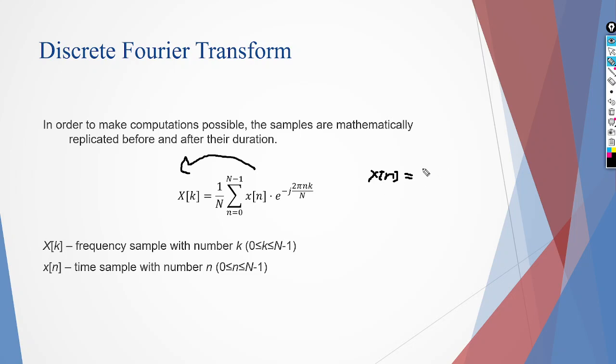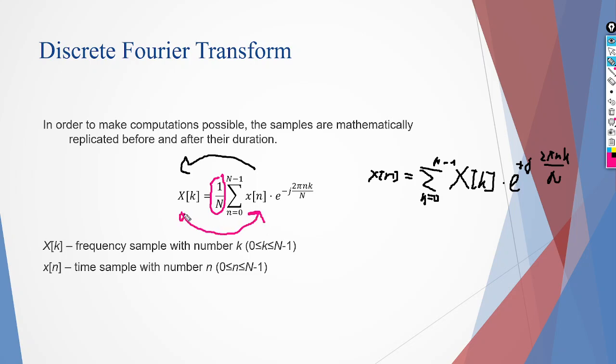So that would be a summation without 1 divided by N, just summation for k going from 0 to N minus 1 of X capital K multiplied by e to the power of plus j 2 pi k n over N. So the only thing that changes is that this goes away, you also interchange these two, change places, and you also change the sign to plus. So that is the direct transform, that is the inverse transform.